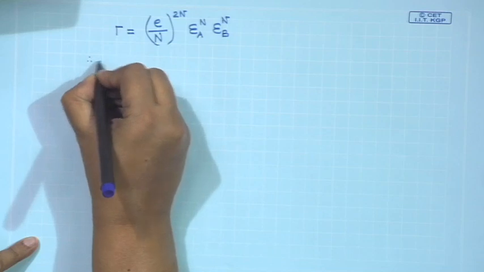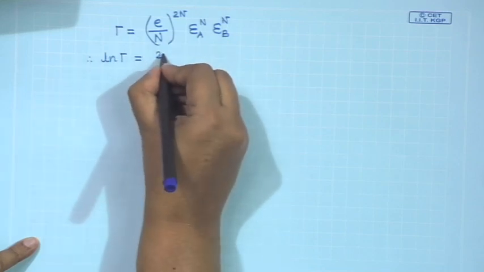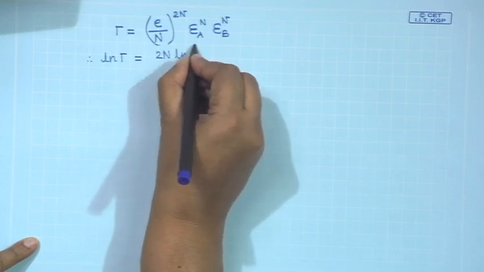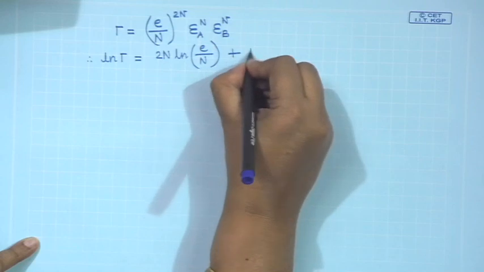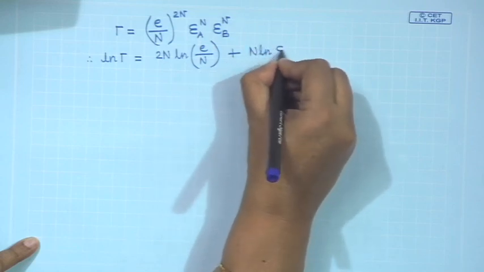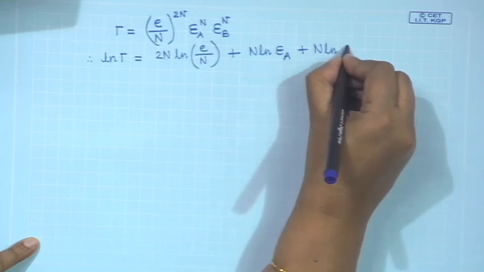Now, let me take a natural logarithm on both sides, and this leaves me with 2n ln(E by n) plus n ln epsilon a plus n ln epsilon b.